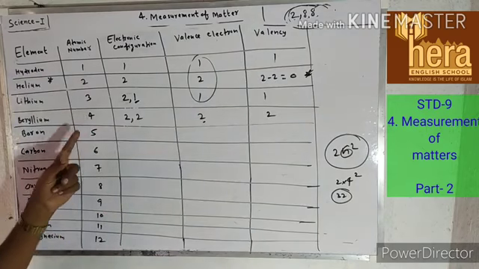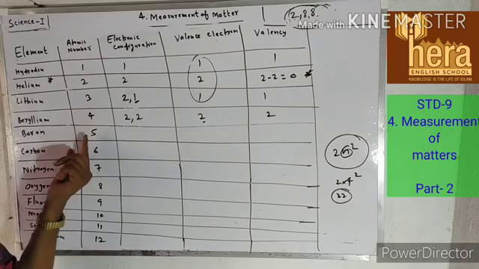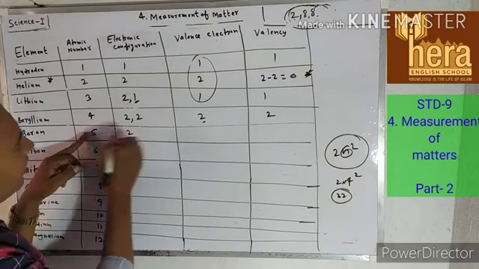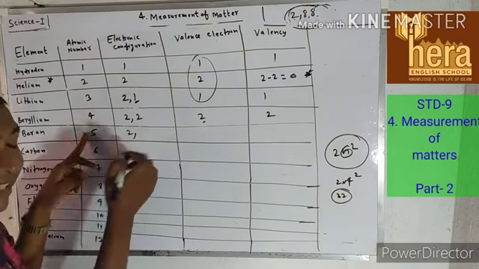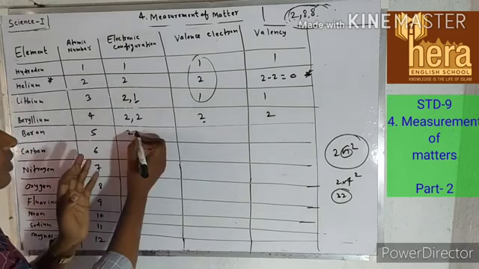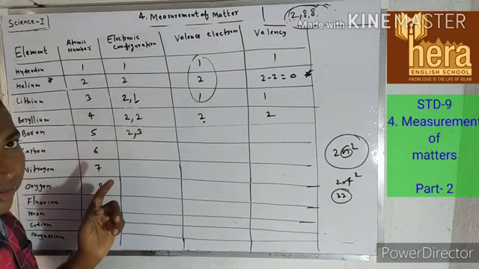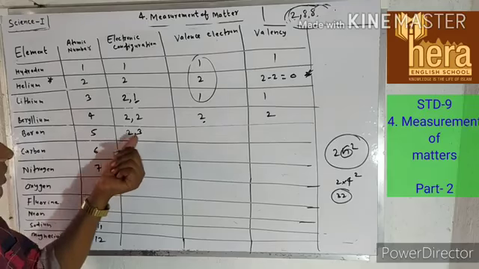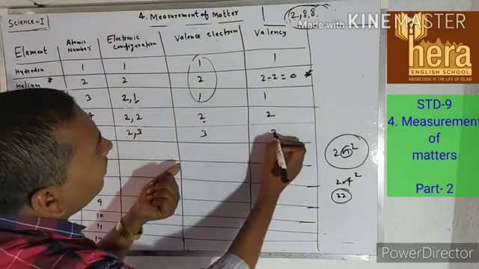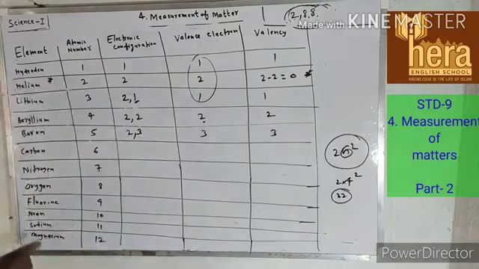Boron, atomic number 5. It means number of electrons and protons is equal to 5. So in first orbit, we can put 2 electrons. Still 3 electrons are remaining. So in second orbit, we can put here 3 electrons. So valence electron again 3. Valency will be 3.